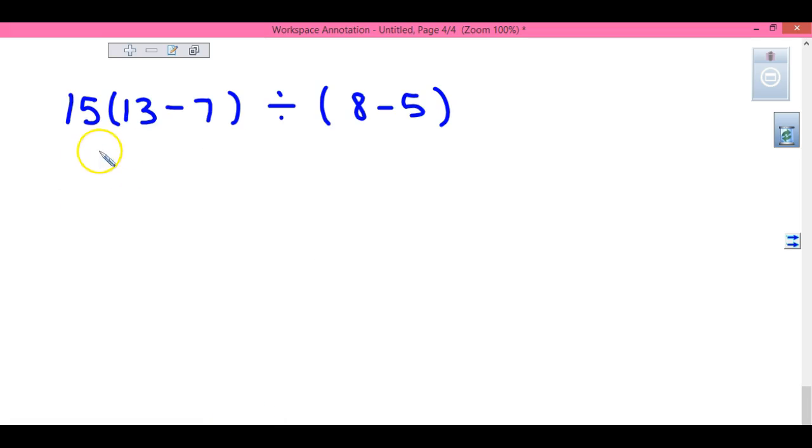We have to simplify this expression that has parentheses. 15 times 13 minus 7 divided by 8 minus 5. Where do we start? 13 minus 7. What's 13 minus 7? 6. So 15 times 6 divided by 8 minus 5.